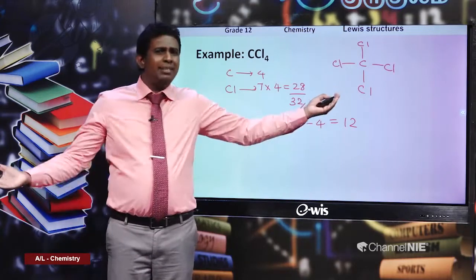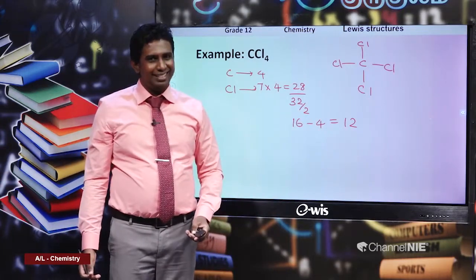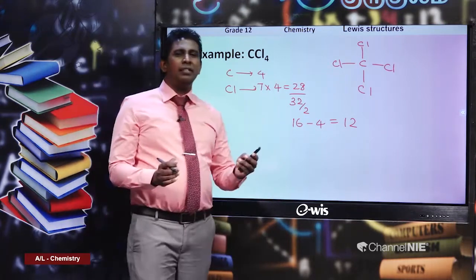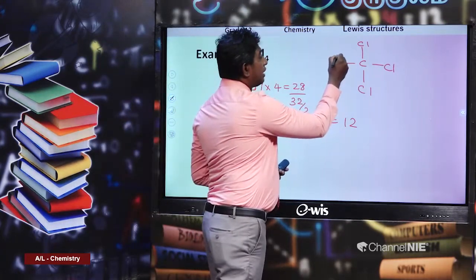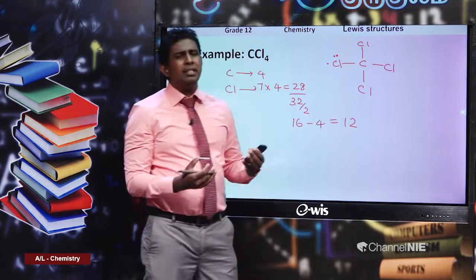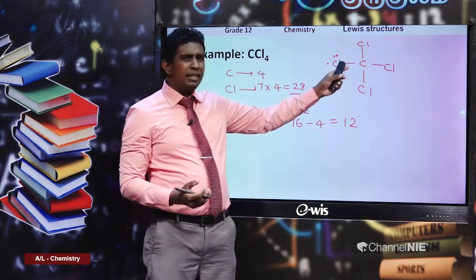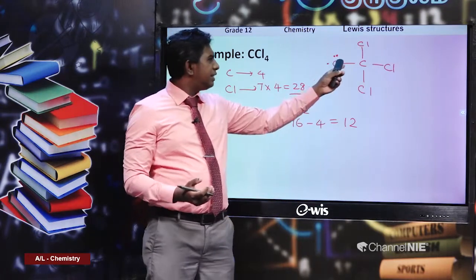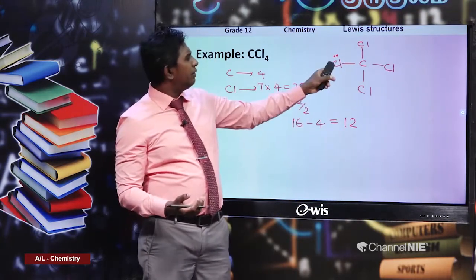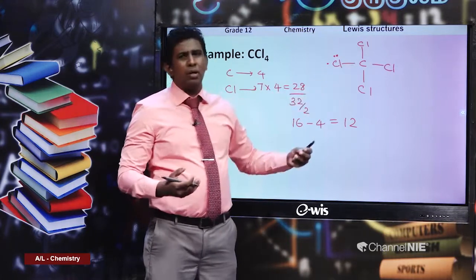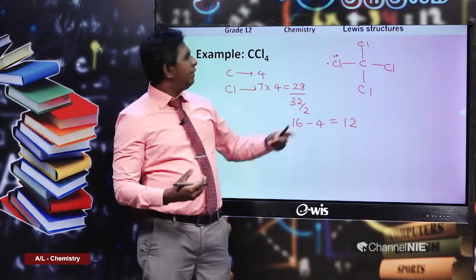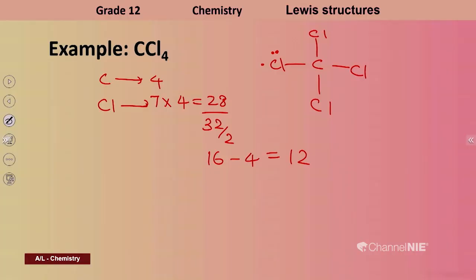Then out of carbon and chlorine, the most electronegative is chlorine. Hope you know that. So students, you complete octets around it. You consider a bond is carrying 2 electrons. Then it's the shared 2 electrons. This chlorine and this carbon both are sharing those 2 electrons. Therefore, the 2 electrons coming with the bonding are owned by not only chlorine but also carbon.